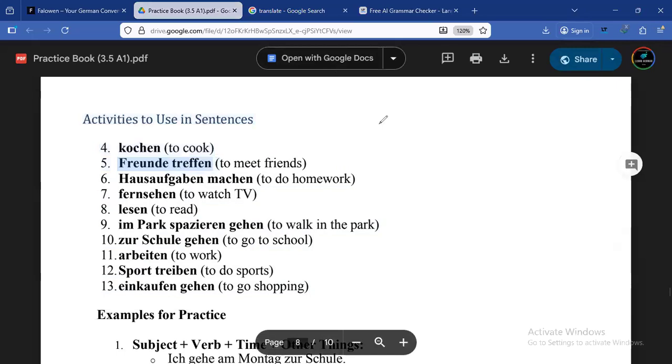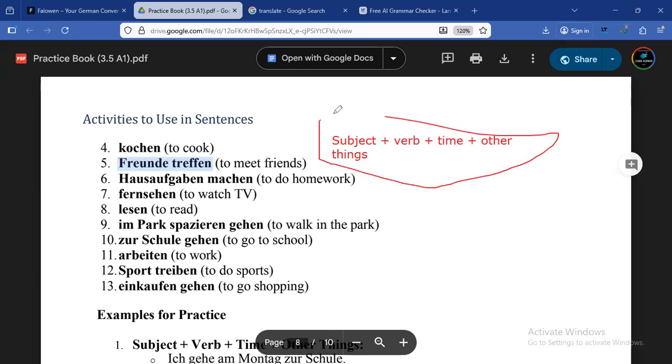So if the statement rule is subject plus verb plus time plus other things, please analyze it very well, right? We have Freunde and Treffen, and this is the rule.